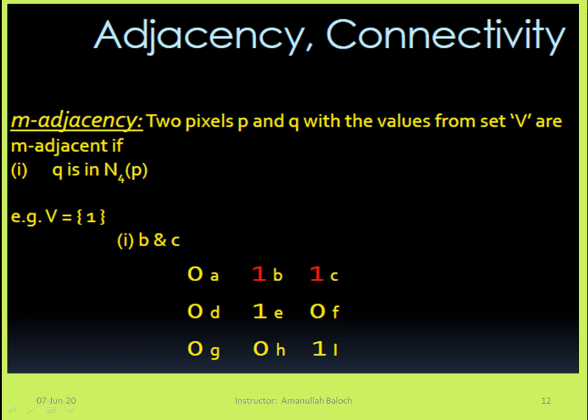Two pixels P and Q with the values from set B are M adjacent if Q is N4 of P.